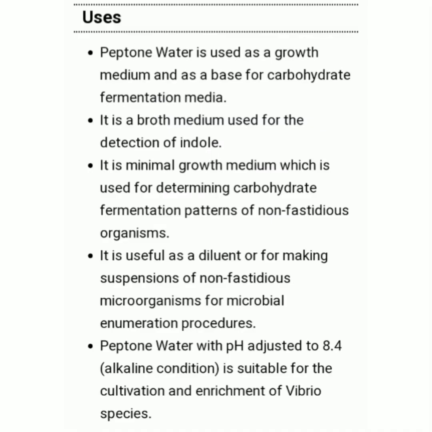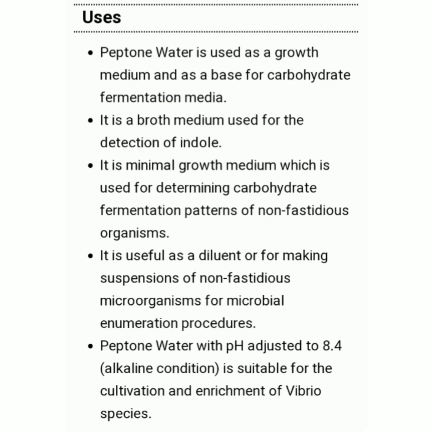So here we can see the uses of peptone water and why we use this, right? Of course, it is a base medium for carbohydrate fermentation, and it is a broth medium used for the detection of indole, right?